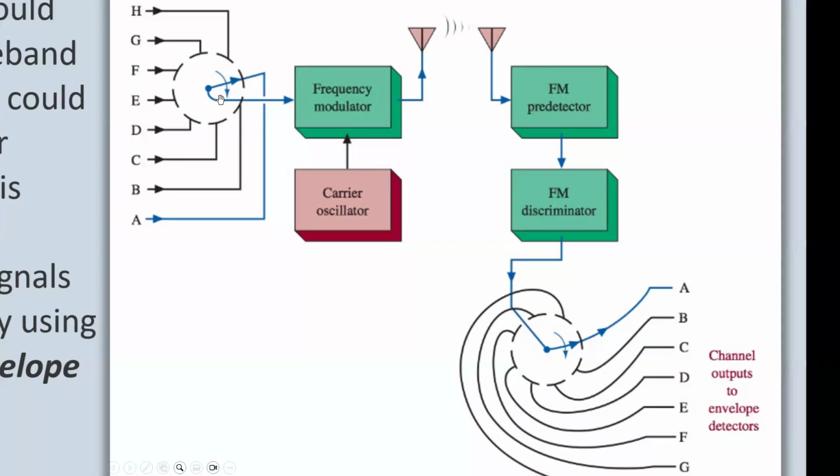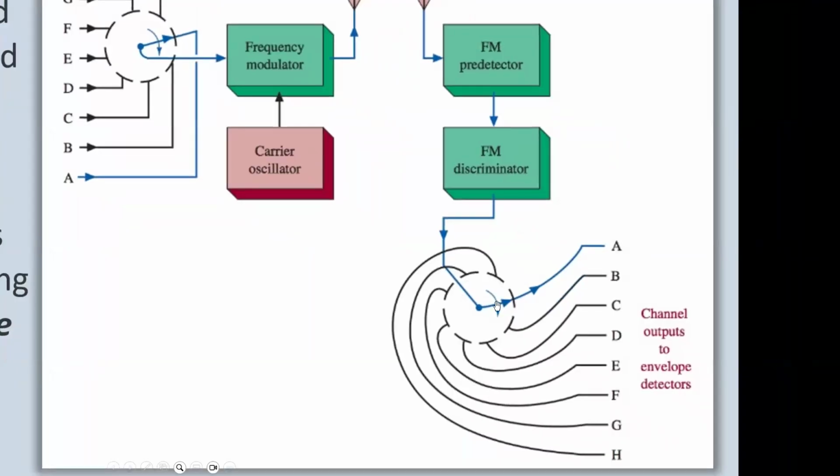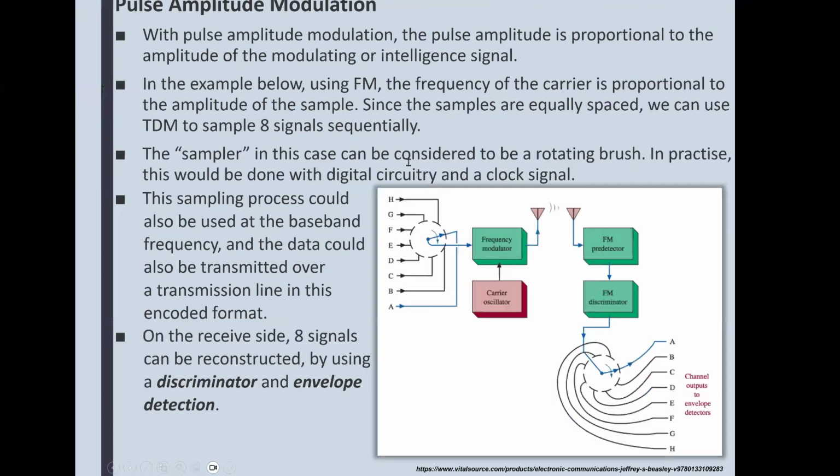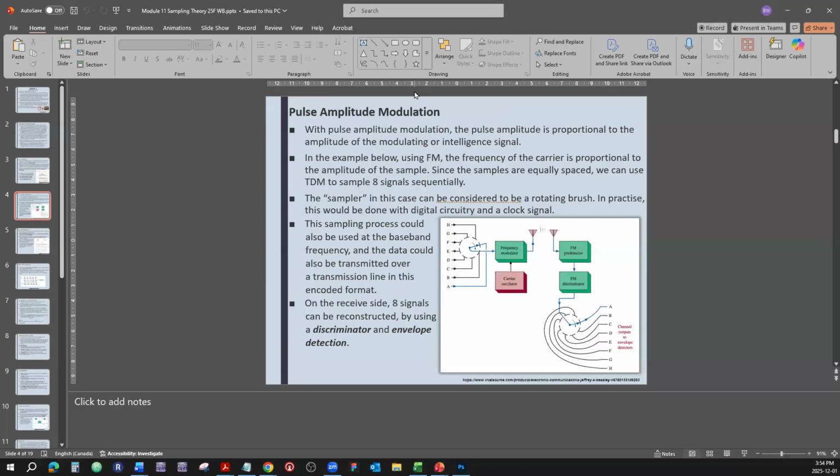Then if you make this one and that one spin very fast, then each and every person would think they have a separate channel that they're talking on. They would not notice the switching. So that's the whole thing, and it's still using the same carrier.